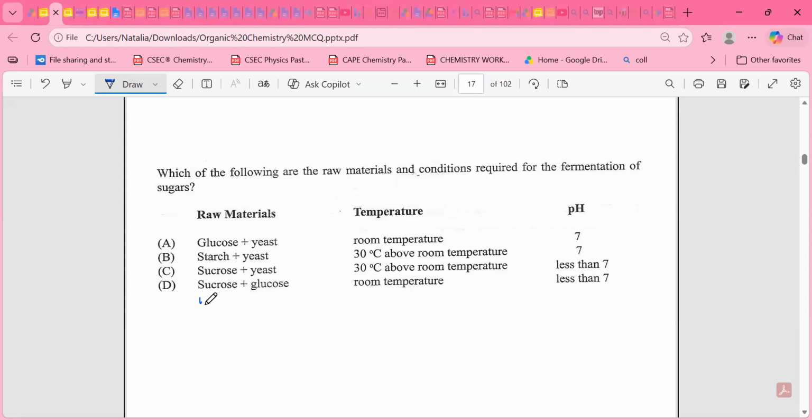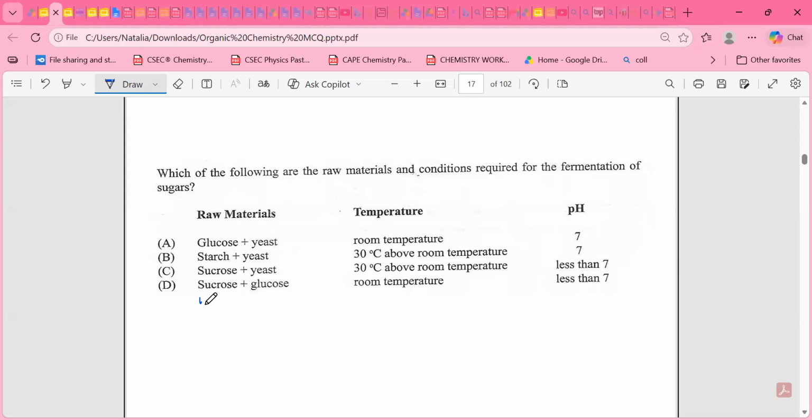This is the definition of fermentation. Fermentation is the process in which carbohydrates are converted to glucose and acted upon. The glucose is broken down by enzymes in yeast to produce ethanol and carbon dioxide. The pH is going to be below 7, so we're looking at 5.5 to 6.5.